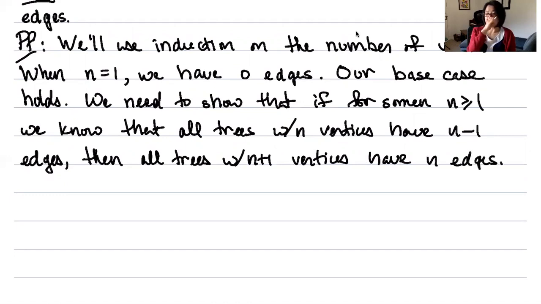Okay, so if for some n greater than or equal to 1, we know that all trees with n vertices have n-1 edges, we need to show that this also holds for trees with n+1 vertices.